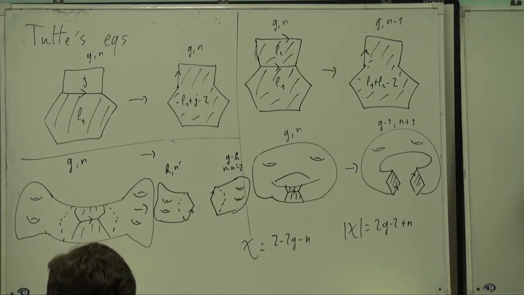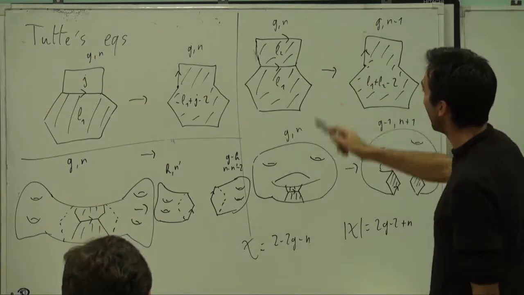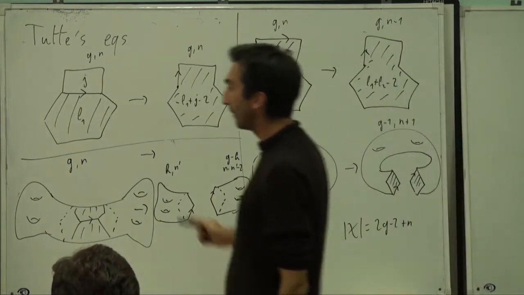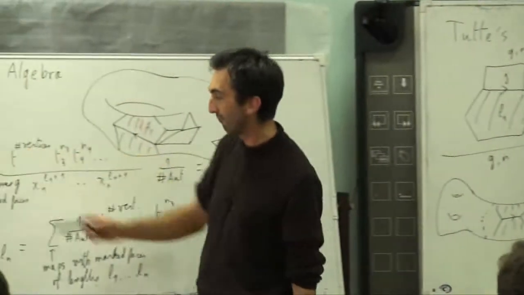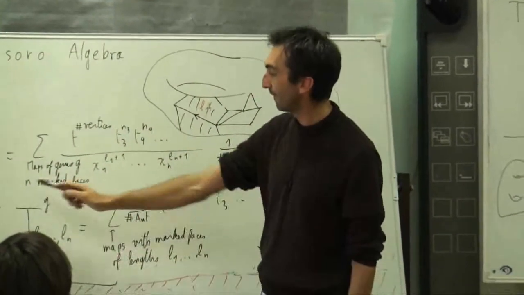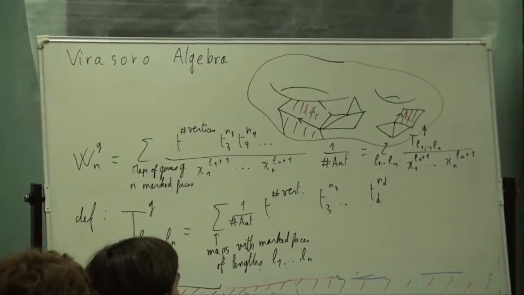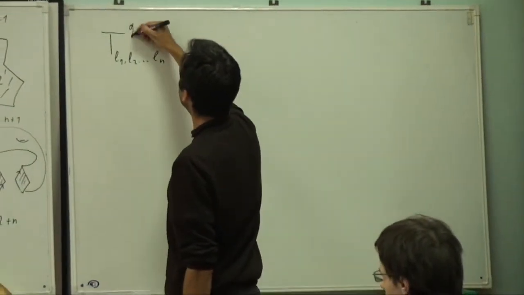So how do we translate this into countings of maps? So let me write, the other day I wrote the equation for W_{n,g}, and it's not so easy, but if we write it in terms of these, it's much easier. So let me write it this way: W_{L1, L2, ..., Ln, g}.